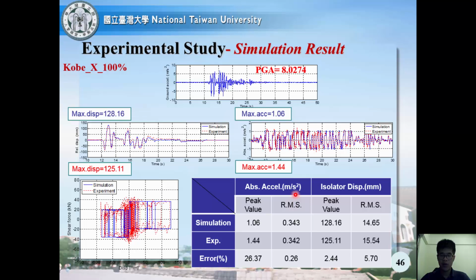However, if we look at the root mean square error for both acceleration and displacement response, the error is relatively small, and the peak value of the displacement response is also quite small. So it shows that our simulation method is valid for simulating our system.